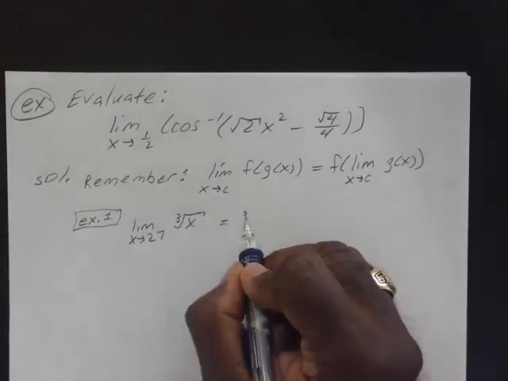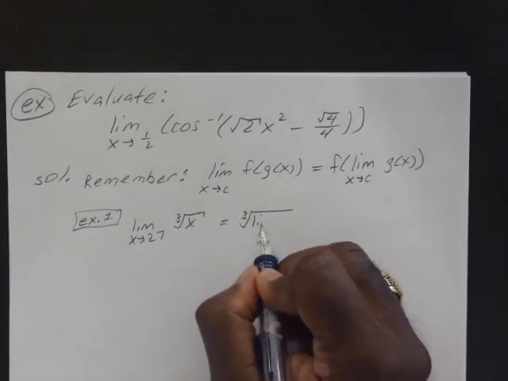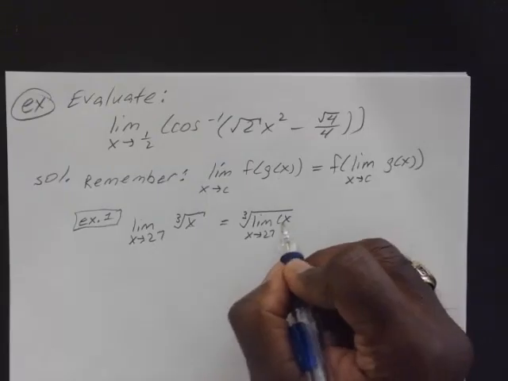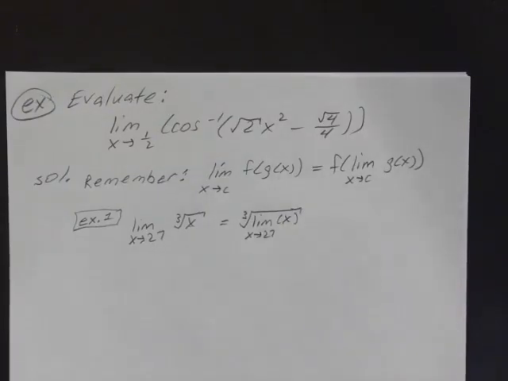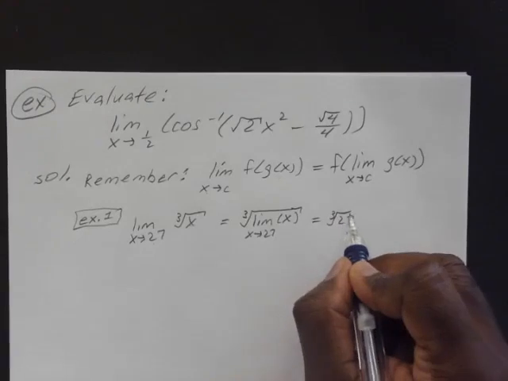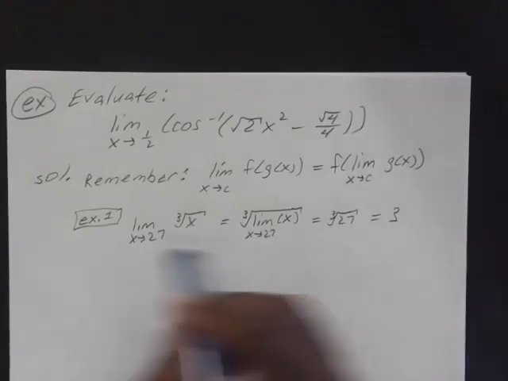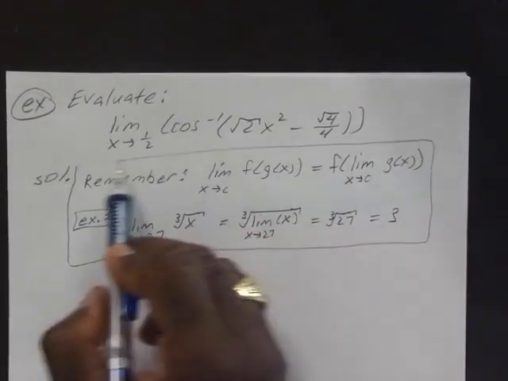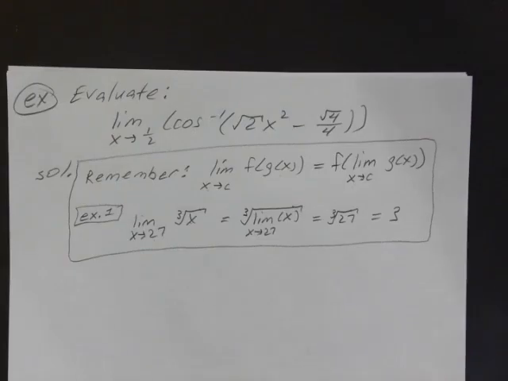We rewrote that as the cube root of the limit as x approaches 27 of x, which still gave us the cube root of 27, which is equal to 3. So you don't have to write that down as part of the solution. This is more of a way to give you an idea of how we're going to approach it.